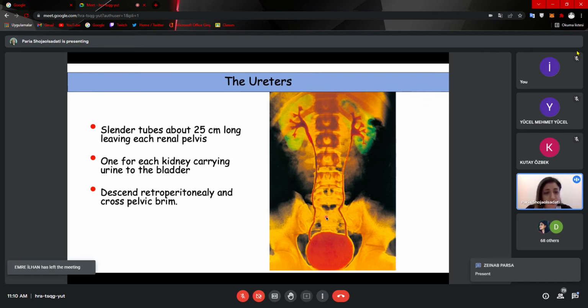Both of these structures descend retroperitoneally and cross the pelvic rim. If you remember, the inlet of the pelvis or pelvic rim is the level you can clearly see on this photo. This is the level of the entrance to the pelvic rim.